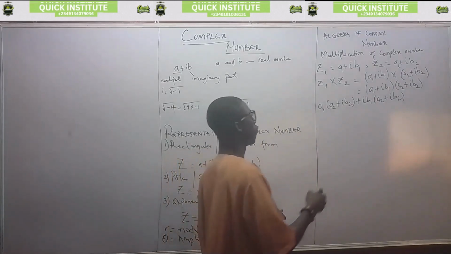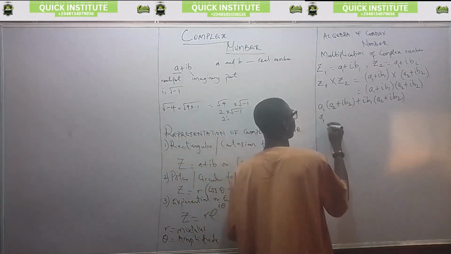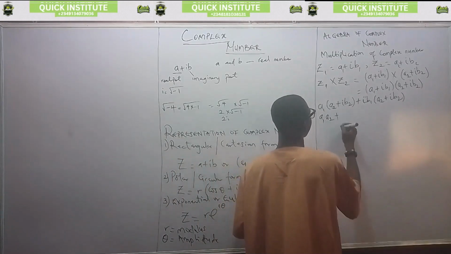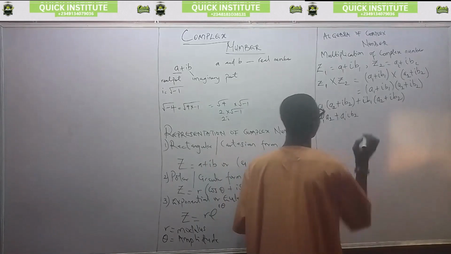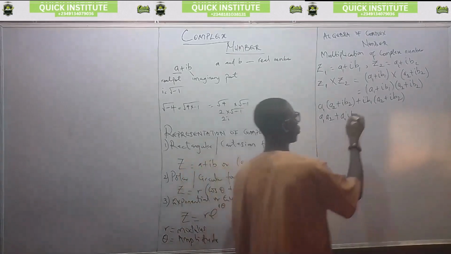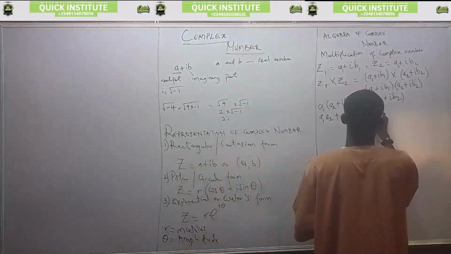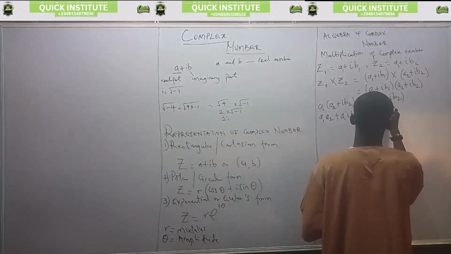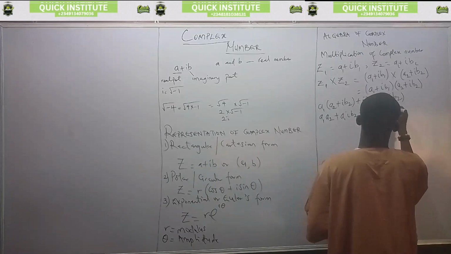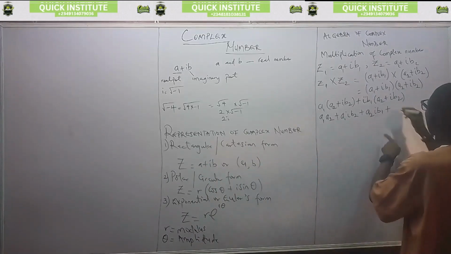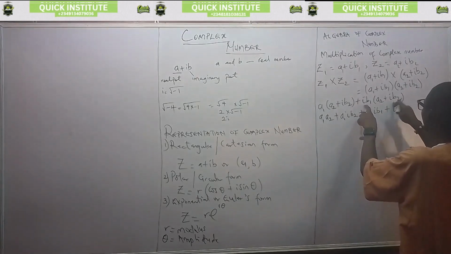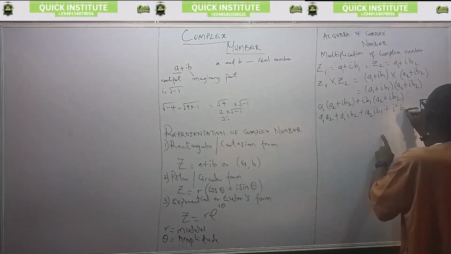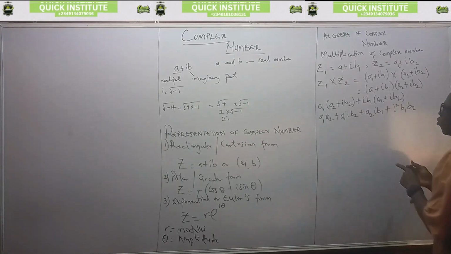So to multiply, we have a1 a2 plus a1 ib2, plus a2 ib1, plus i squared b1 b2.